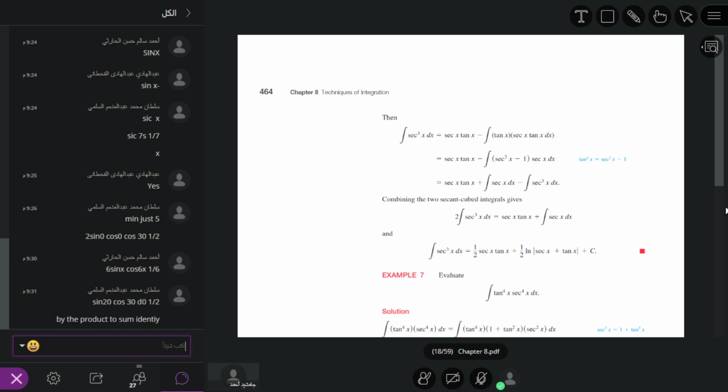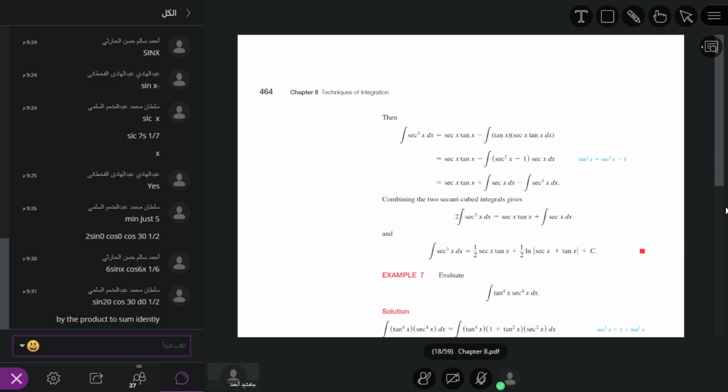Now what is the integral of this? Here sine is an odd function. It brings a negative outside. So this will become negative. So minus 1 over 4.